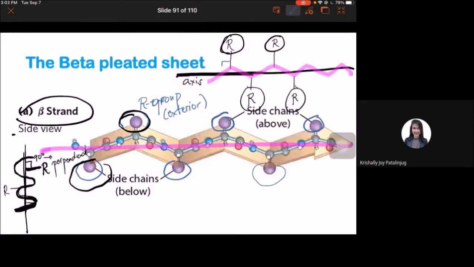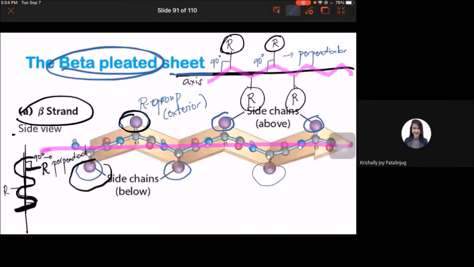Nakakabuo din tayo dito ng 90 degrees angle. So this is still perpendicular. Again, alignment ng axis of rotation to the R group for beta pleated sheet, perpendicular.